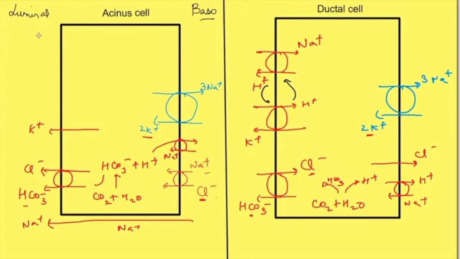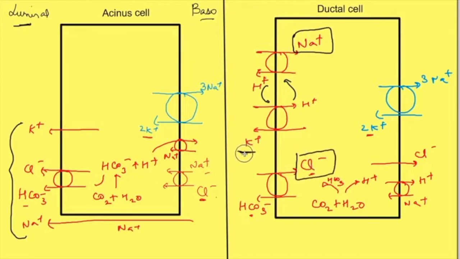In the lumen, the concentration of electrolytes was the same as that in plasma, but the ductal cell has caused the reabsorption of sodium, the reabsorption of chloride, and there is more secretion of potassium and bicarbonate out of the cell. In addition, more ions are absorbed than they are secreted, but water is not able to pass from the basolateral membrane to the lumen.